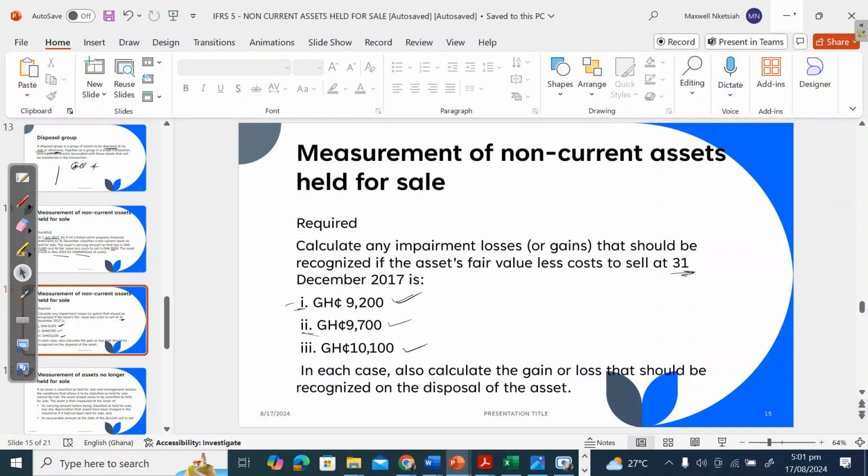Now let's look at scenario II, where the fair value less cost to sell is 9,700.